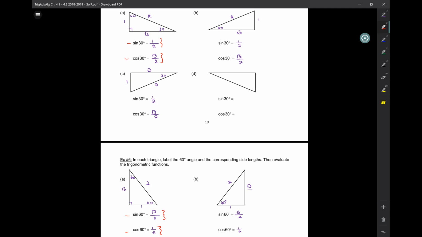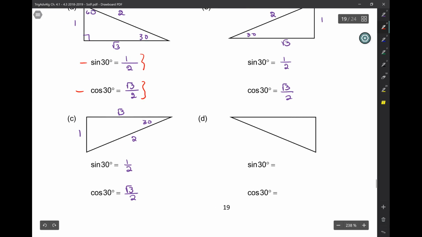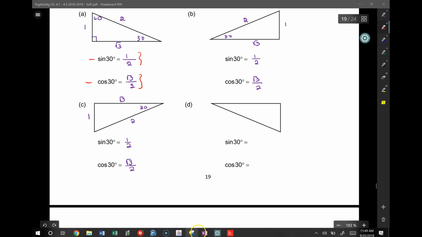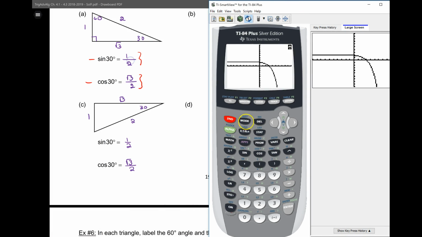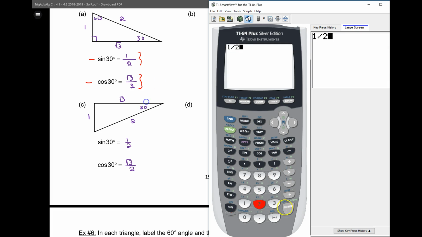Okay, let's look at those a little bit more closely. Between the 1/2 and the root 3 over 2, which one is bigger? We can find that out on the calculator, right? So if I have the 1/2, I know that's 0.5.